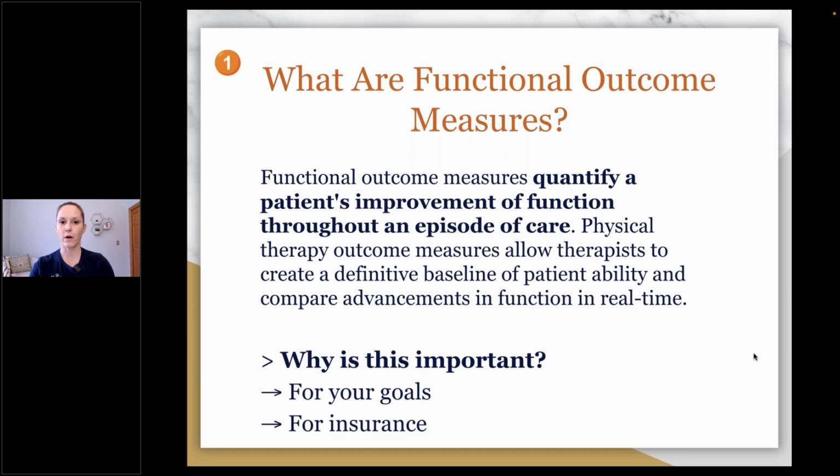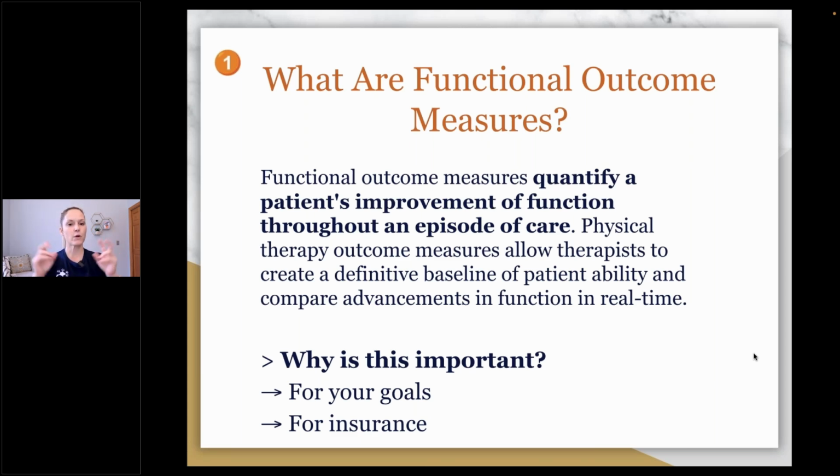So first and foremost, what are functional outcome measures? Functional outcome measures are tests that you can do that quantify a patient's improvement of function throughout an episode of care. Typically these are done in a physical therapy clinic, or occupational therapy, or even your neurologist.